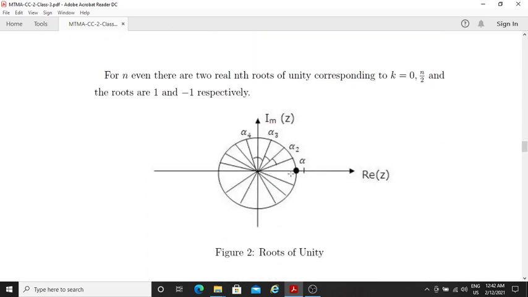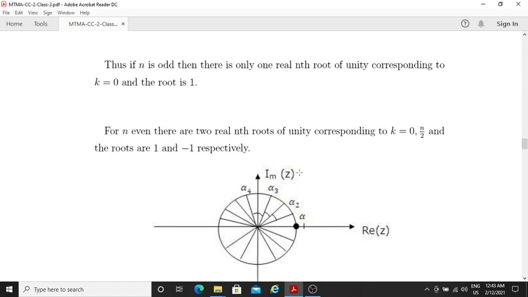So this circle is of radius 1, and this first alpha is the first principal root. That means this is the first root, for k equals 0. For k equals 0, you are supposed to get the principal value, theta by n.